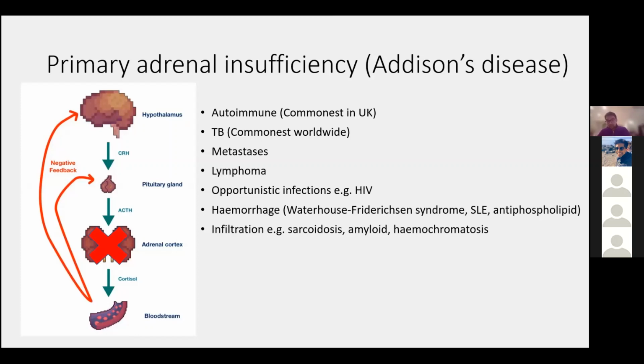TB is the most common cause worldwide. Other reasons are metastasis of a tumor to the adrenal gland, a lymphoma which has infiltrated the adrenal gland, infections like HIV, hemorrhaging into the adrenal gland, or infiltration of the gland, so sarcoidosis, amyloidosis, or iron overload, like hemochromatosis.